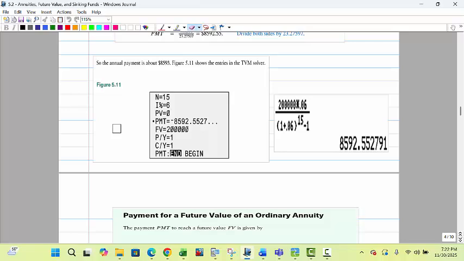This is what they did right here, which is fine, I guess. It's not a big deal. But if they had entered negative 200,000 here, they would have gotten a payment of positive 8592.